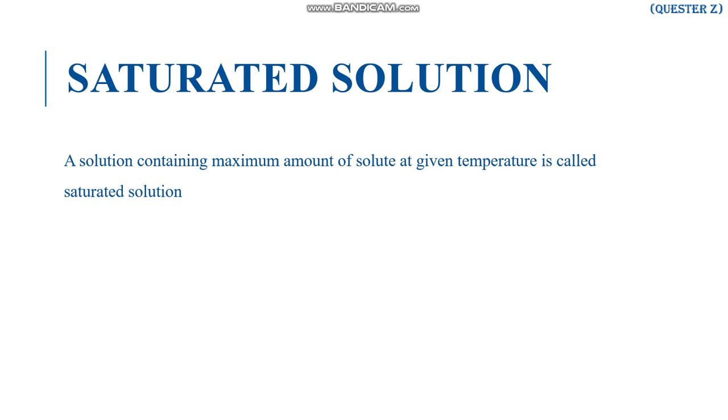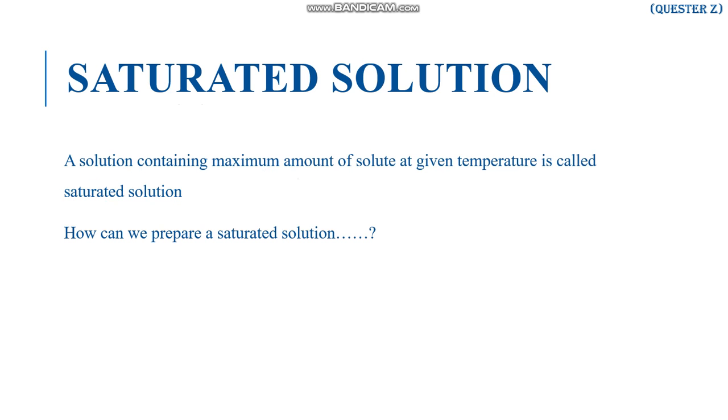So the dissolved solute in a solvent will make a solution. So a saturated solution is a solution which contains the maximum amount of solute. It means the saturated solution has already gained the maximum capacity of solute. We cannot add or dissolve more solute in a saturated solution.